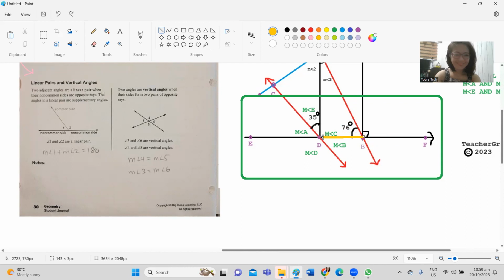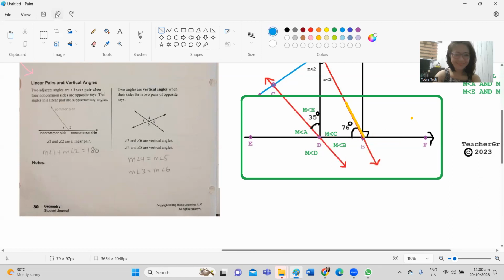So this angle, let me draw, that one and this one. Oh, there you go. You get it? So those are the vertical angles. But the other one here and this one could not be vertical, because they don't share two opposite rays. So that's it.